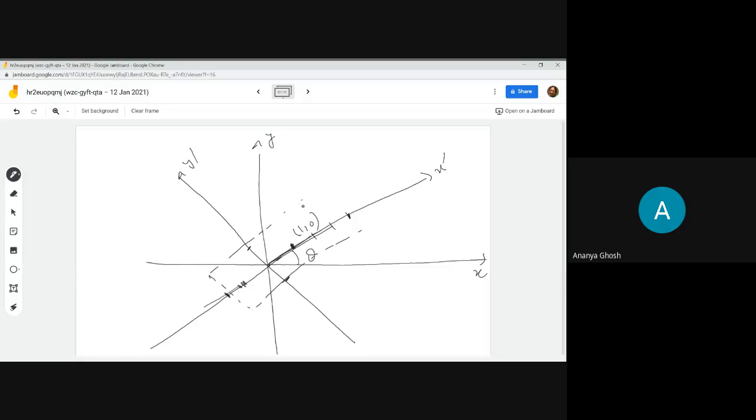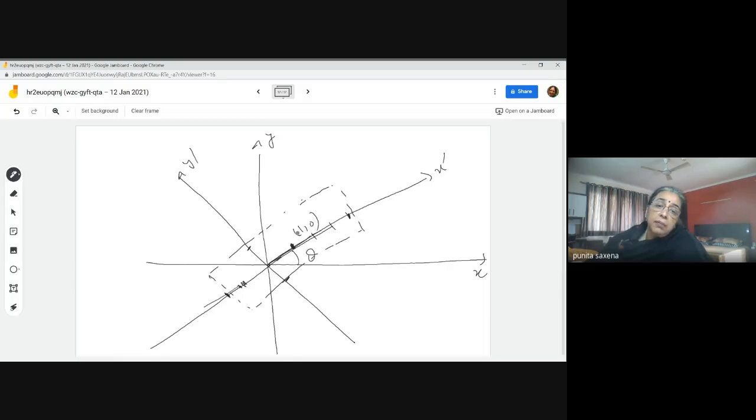Yes, ma'am. Right. But now this is your center. 1 0. ठीक है ना?